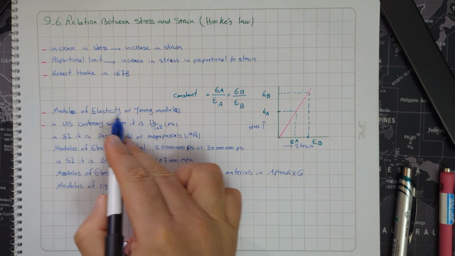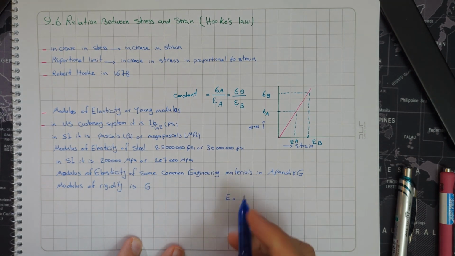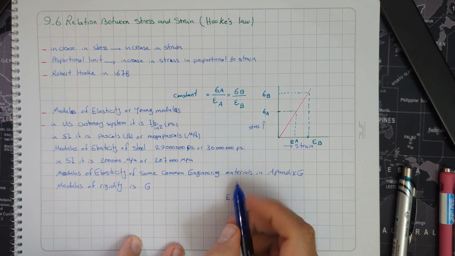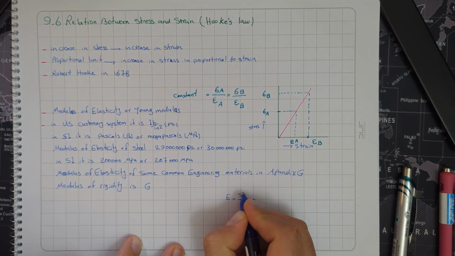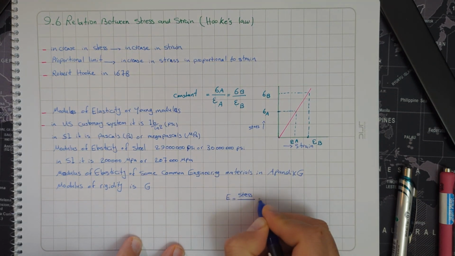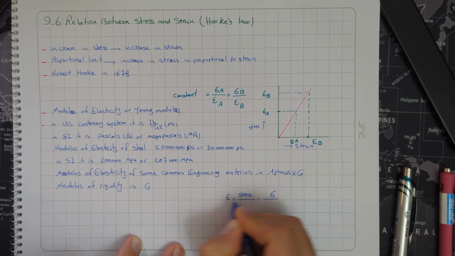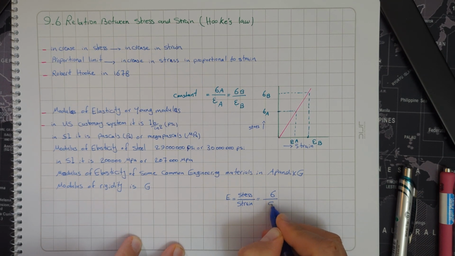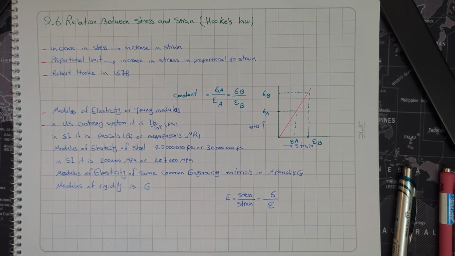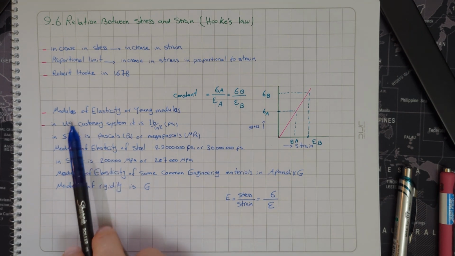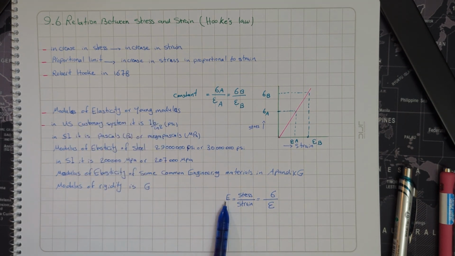So modulus of elasticity, or Young modulus, equals stress, or sigma, over strain, or epsilon. So if you want to calculate the Young modulus or modulus of elasticity, we have this formula to calculate it.